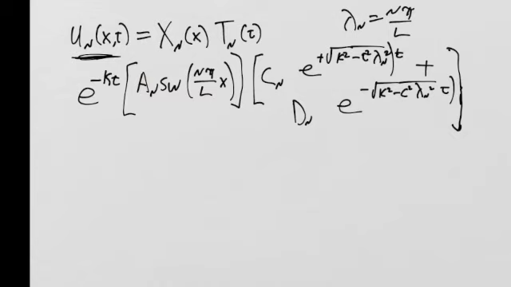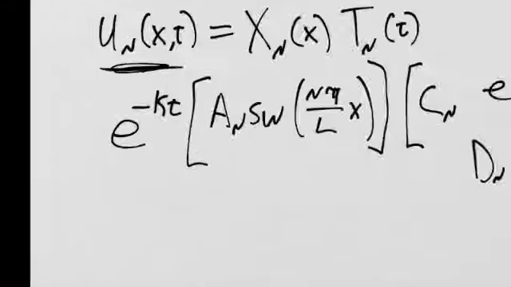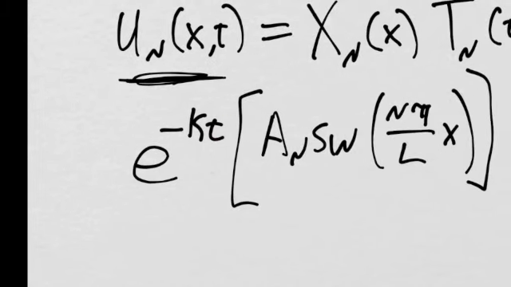And right away, you see how damping affects the answer. This is the time part of the answer, and this is the space part of the answer. This part is definitely part of the time portion of the answer, but it affects everything as a simple factor. And it means that as time gets large, this is going to be a large negative exponent for e, if k is positive.